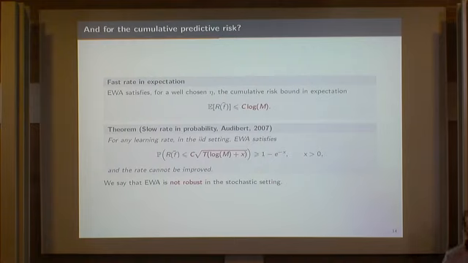So in the sense that we cannot improve, we cannot boost EWA. It's not robust in the stochastic setting, in the sense that in expectation it does well, but maybe not with high probability.